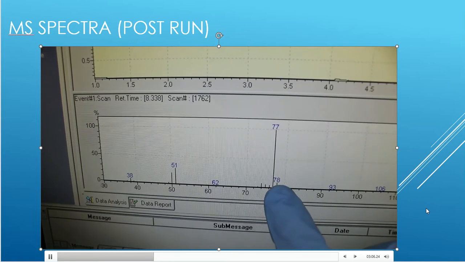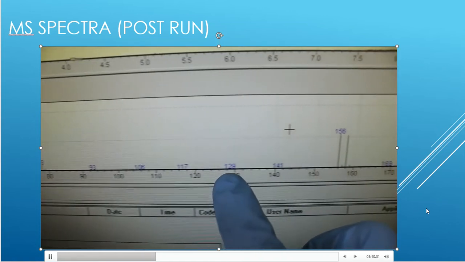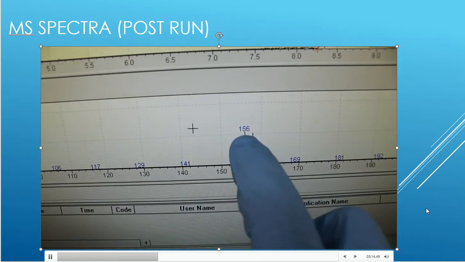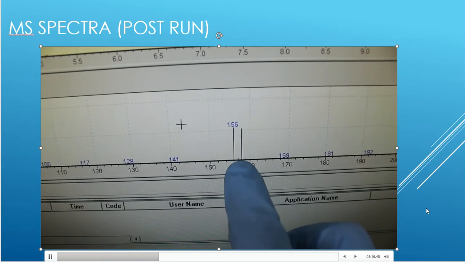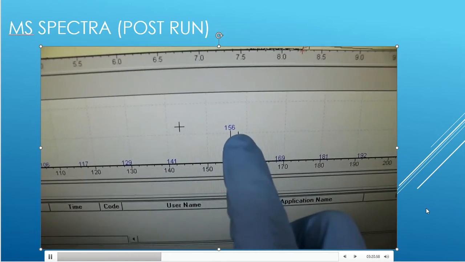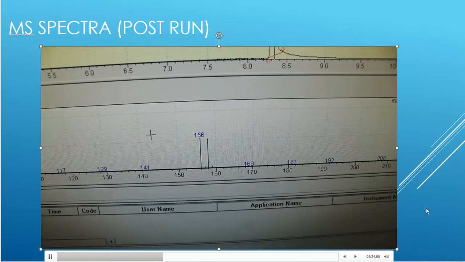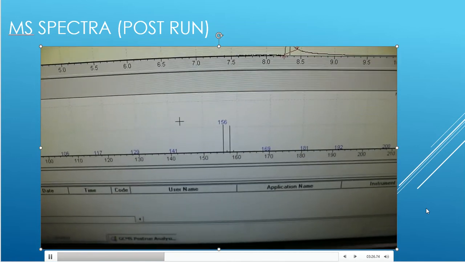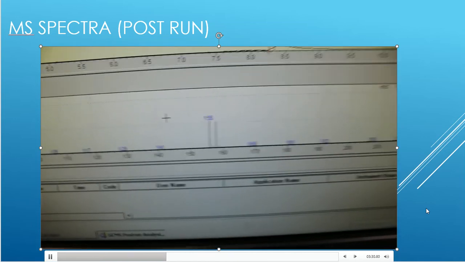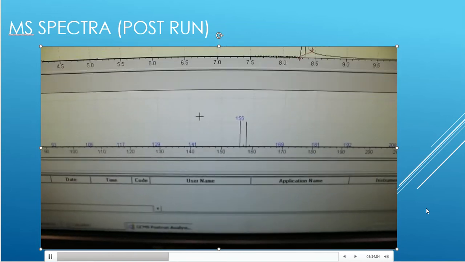Here I see something at 78, and as I scan this M to Z baseline, I also see a 156 that's pretty tall, and then nothing really after that, and then an M plus 2 peak that's about the same height right there. So it looks like this M plus 2 peak is about the same intensity as the M peak. That will give me an idea of possibly what type of compound this is.